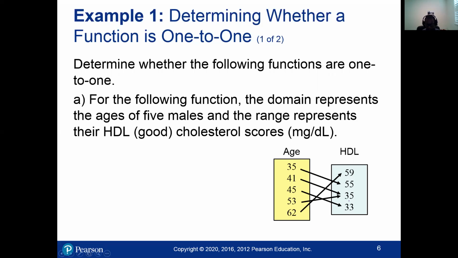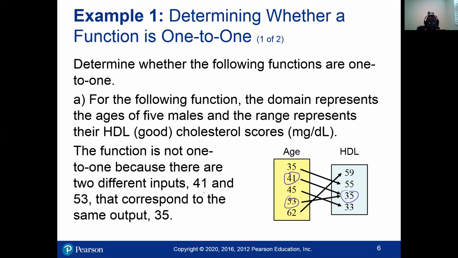It is not one-to-one. It is a function because every person's age has exactly one HDL score. But 41 and 53 correspond to exactly one image. Therefore, this is a function, but it is not one-to-one. As I explained, 41 and 52 correspond to the same output.